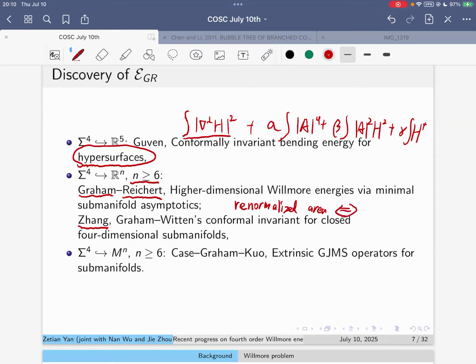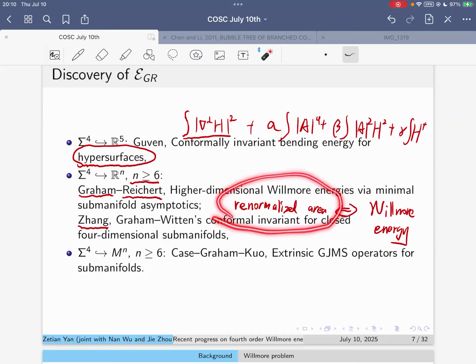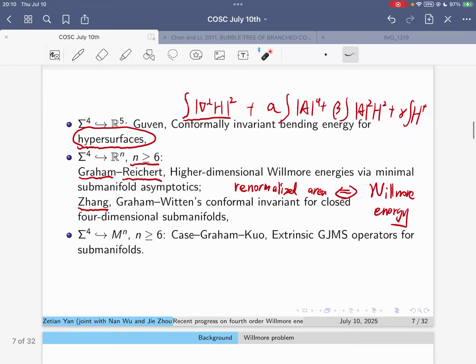So they link this high order Willmore energy to the renormalized area. And the renormalized area is a very well known conformal invariant in this field. So they check the conformal invariance for free, if the embedded space is curved.